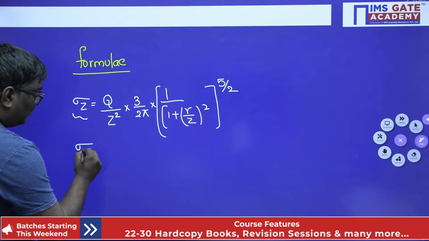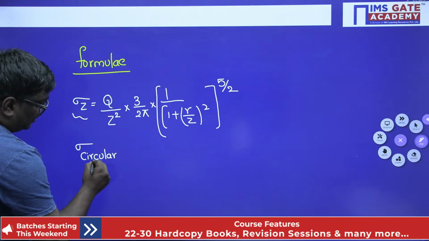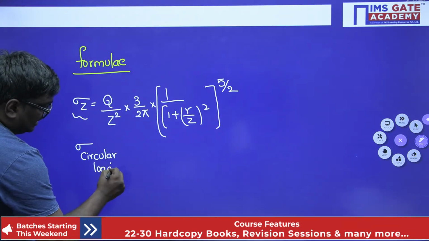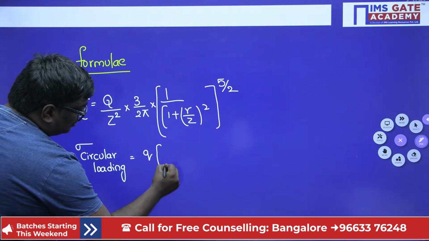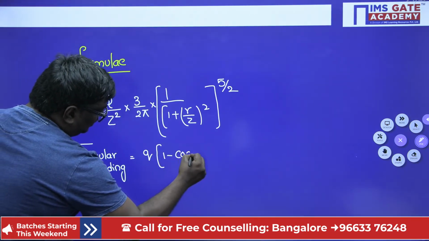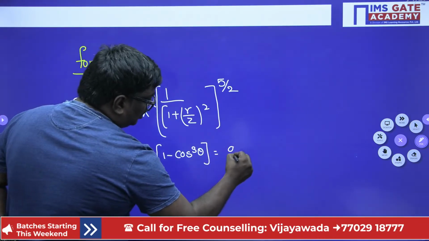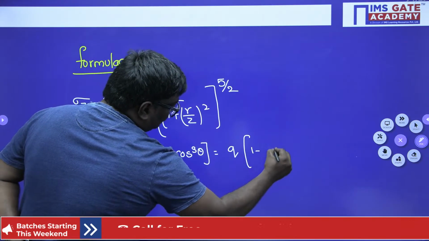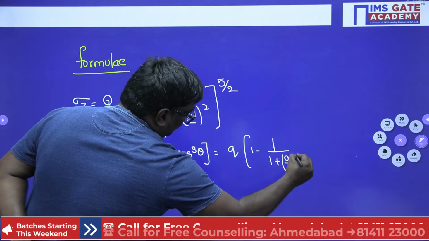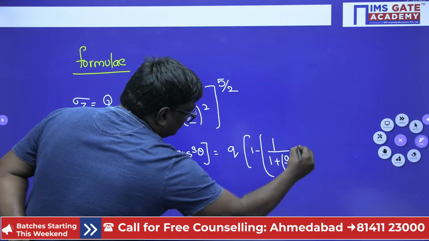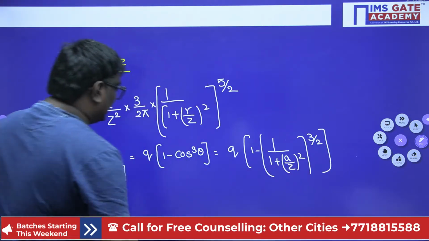Now the stress due to circular loading, you can remember as Q into 1 minus cos cube theta, or you can also write it as Q into 1 minus of 1 plus A by Z whole square whole power 3 by 2. So this is the stress distribution formula in case of circular loading.